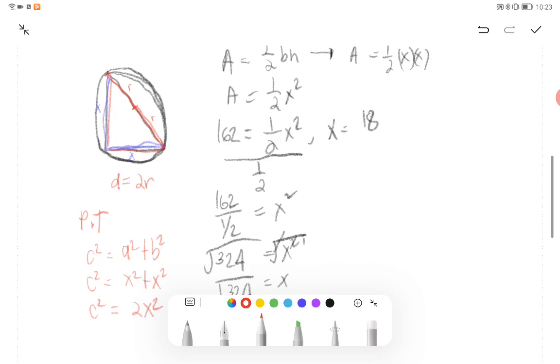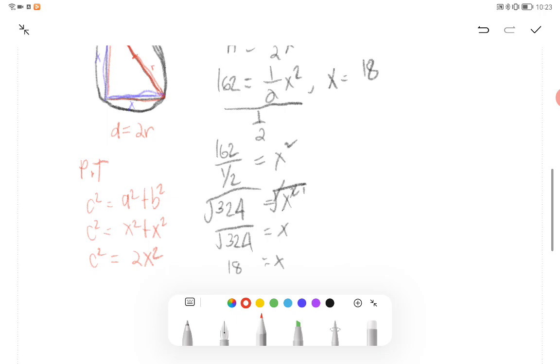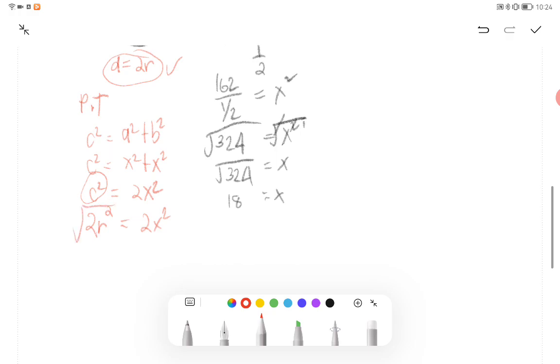Also, we said here that this longest part, the c, is equal to our diameter, which is just equivalent to 2r. So, we have to substitute this one here. We will have here 2r squared is equal to 2x squared. So, square root both sides.